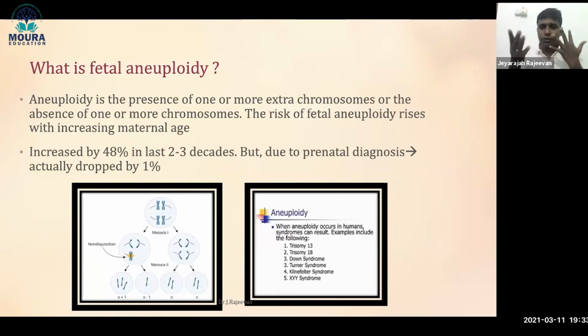Second one, yeah, of course, Sanjeevan, it's the psychological effect on the mother. And second, you need to confirm with some investigation. So how can you confirm it? If you want to confirm the chromosomal abnormality, then you need to take a tissue sample from the baby.